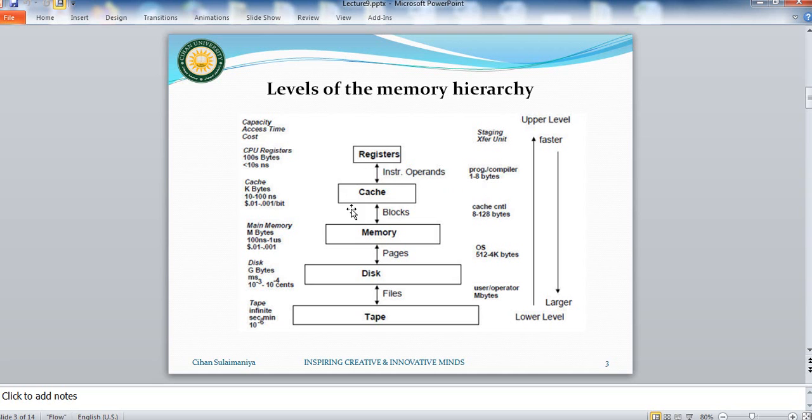After that, if the information is not found in the cache memory, it's going to be searched in the RAM, or the dynamic memory. If it's not found, it will go to the flash memory, or it will go to the disk, or it will go to the tape.